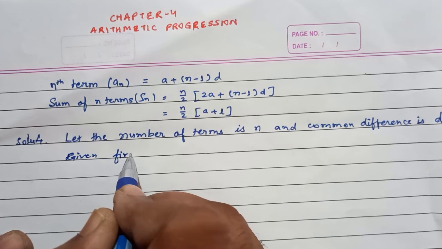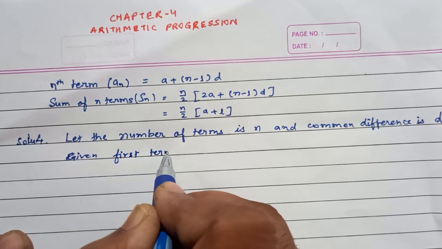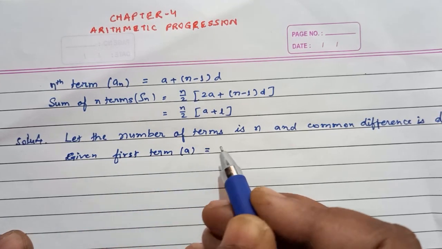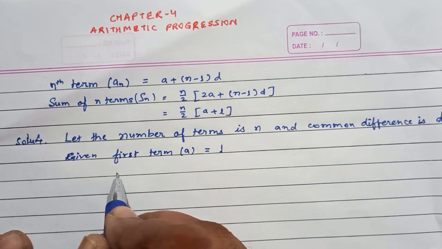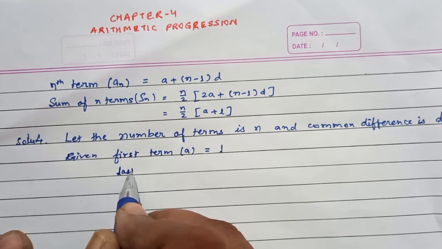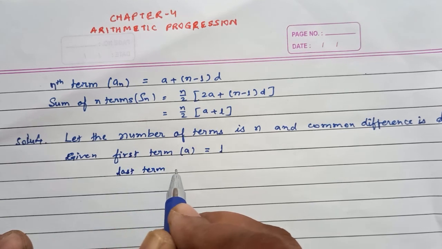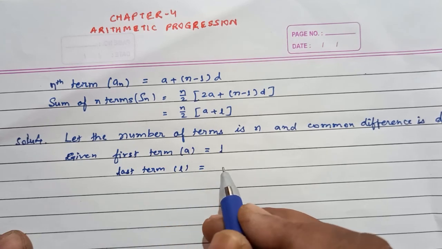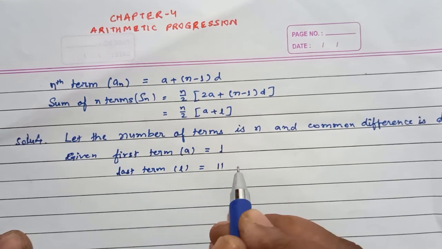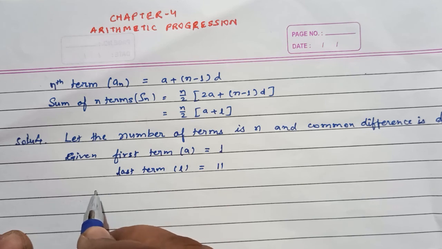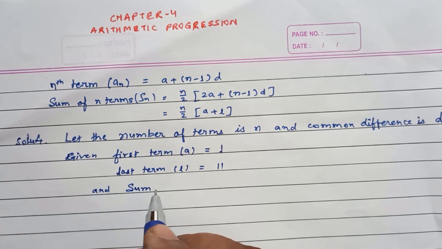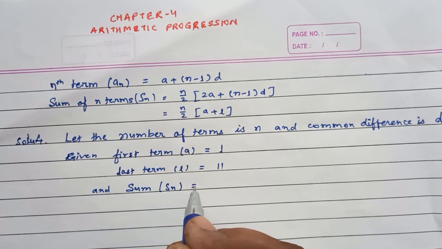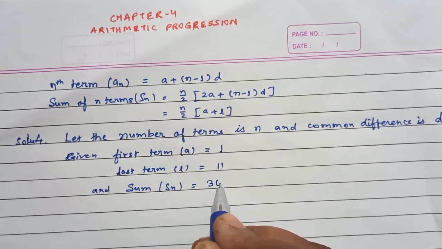Given: first term a is equal to 1, last term l is equal to 11, and sum Sn is equal to 36.